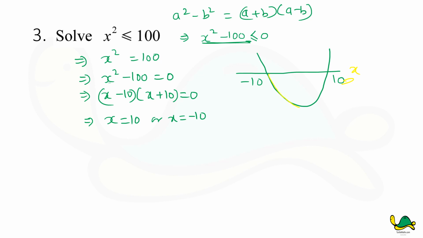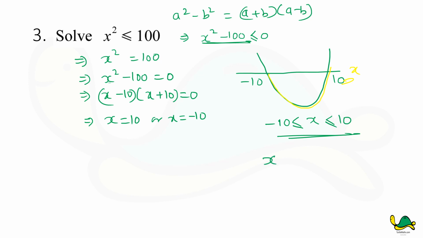Below the x-axis means this region, and it has to be less than or equal to. So my x has to be greater than or equal to negative 10, or it should be less than or equal to 10. So this is going to be my answer. These are the values from minus 10 to positive 10.